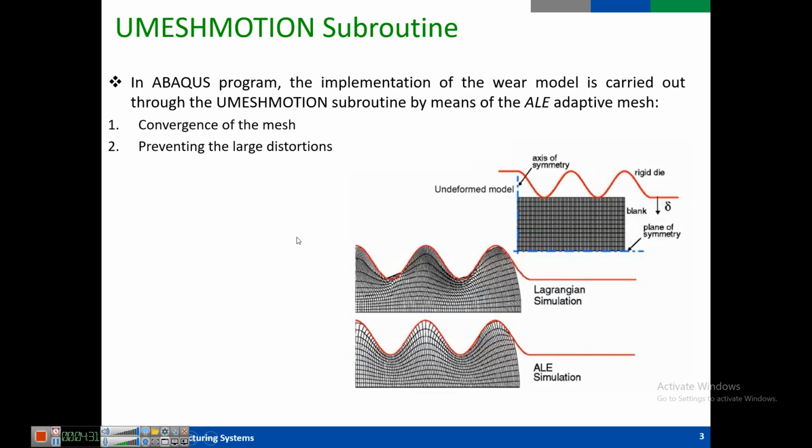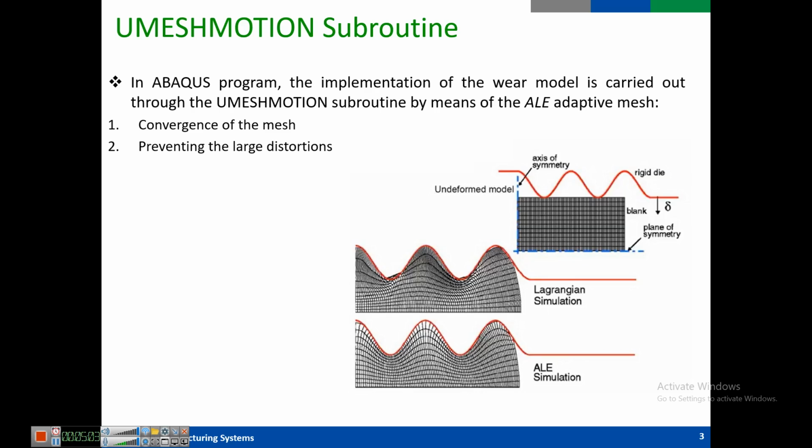Maybe you know how to simulate cold or warm, hot forging. In cold or hot forging, if during simulation we don't use ALE adaptive mesh, it's not possible to finish your forging simulation, because you encounter large deformation and get a distortion error.